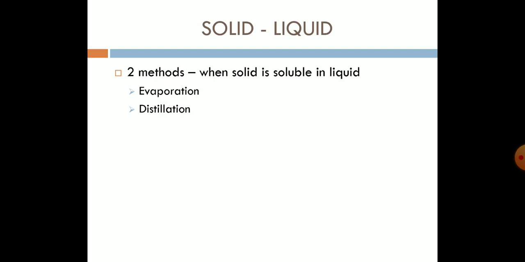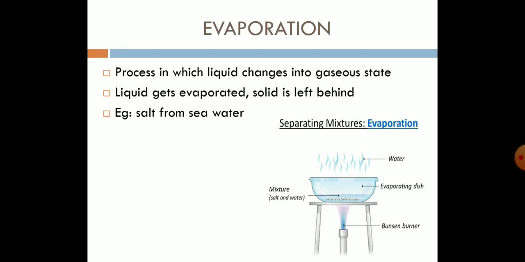Like the example of salt and water or sugar in water. They are totally soluble in water. Now, evaporation we have already seen. We mix salt and water and we place it under the sun or heat it using the burner. What will happen? Water gets evaporated, only the salt is left behind.